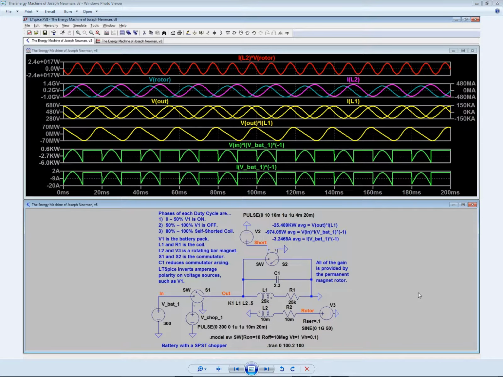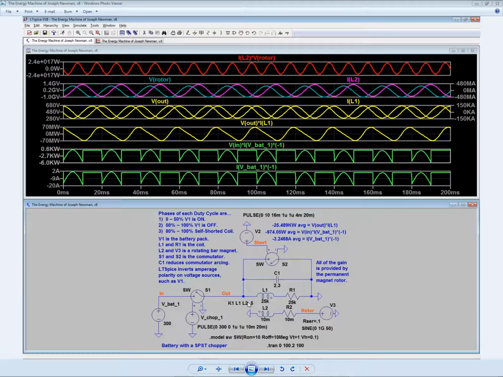So here I have my latest rendition of my simulation attempt to simulate Joseph Newman's motor in LTSpice, using a transformer with reverse or swapped polarity as my interface between his coil, L1 and R1, and the rotating bar magnet represented by L2 and R2, supplied by a third energy source, V3, 1 gigavolt.